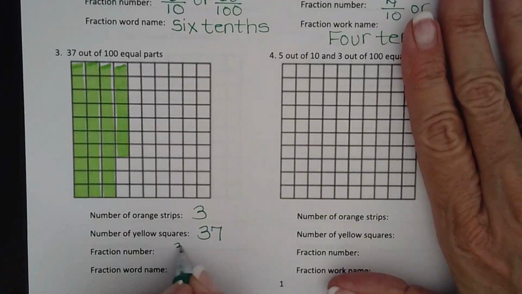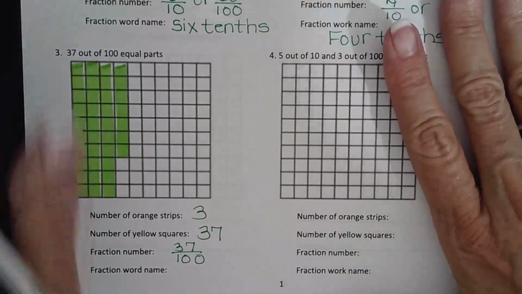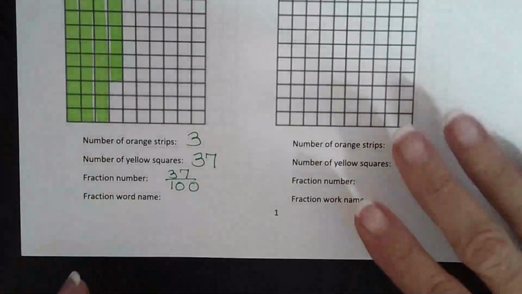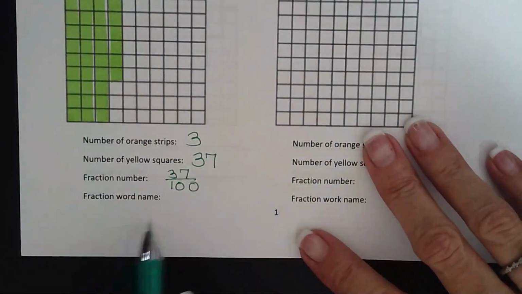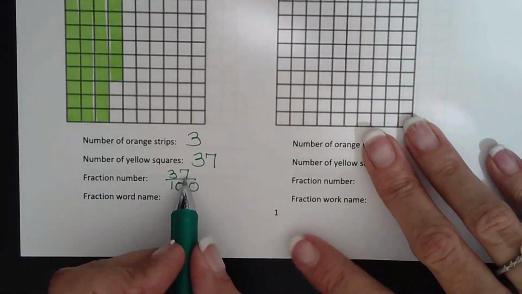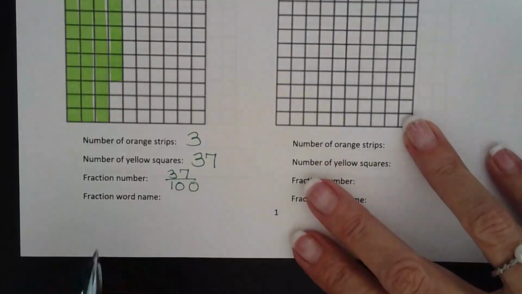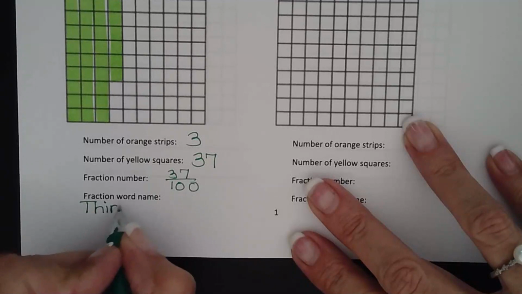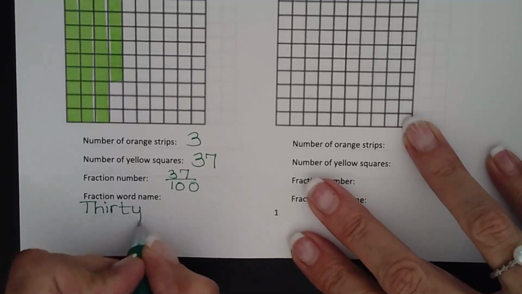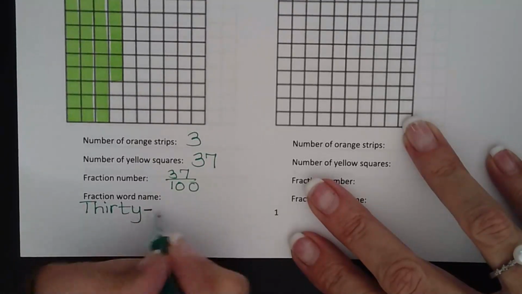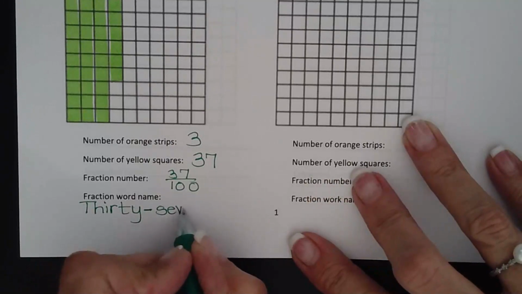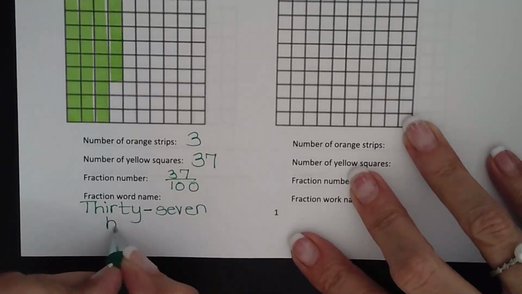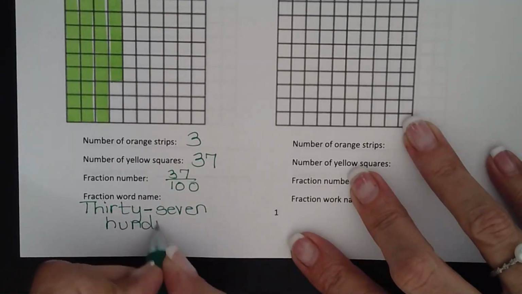37 are shaded out of a total of 100. And remember what we learned in the last chapter? Any number between 21 and 99 needs to be hyphenated. So when we write the word name, we need a hyphen. 37 is between 21 and 99, so thirty hyphen seven. And then we spell the word 100 with a THS.